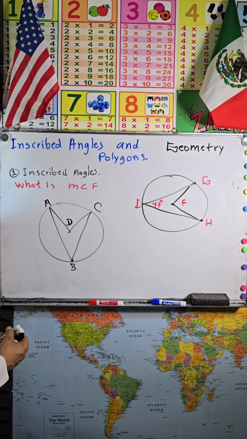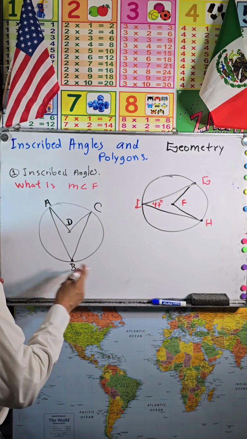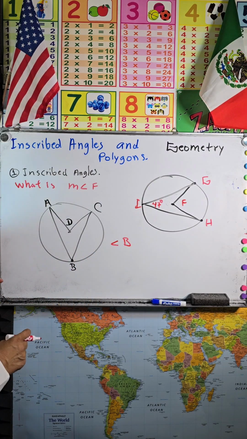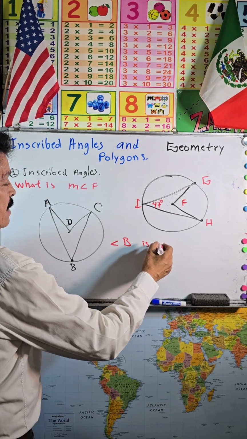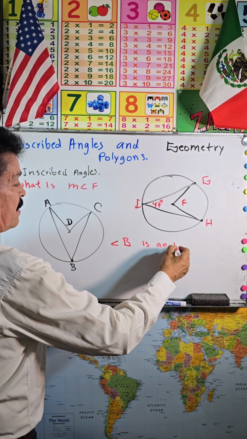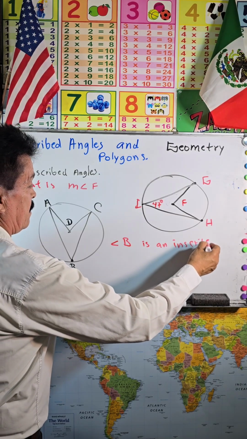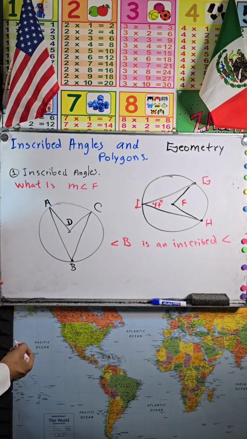Understand, for instance, the angle B here, angle B. We're talking about this piece. Angle B is an inscribed angle, right?